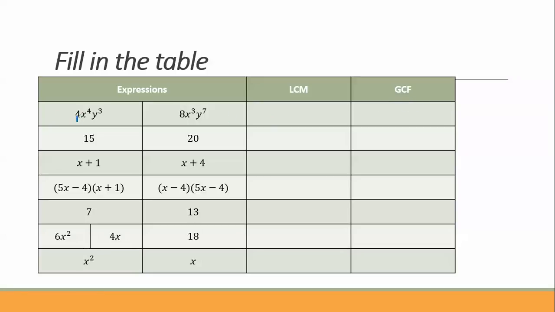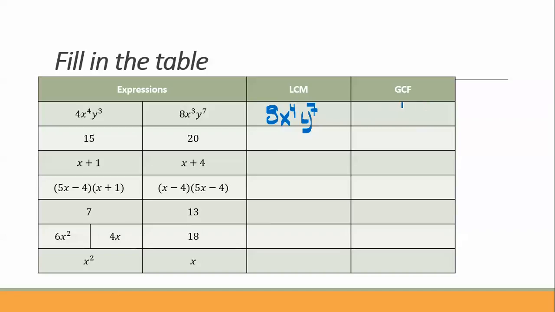So the least common multiple of 4 and 8 is 8, because 8 is a multiple of 4. And then the larger of the exponents: x to the fourth and x cubed, we have x to the fourth, and y to the third and y to the seventh, we have y to the seventh.